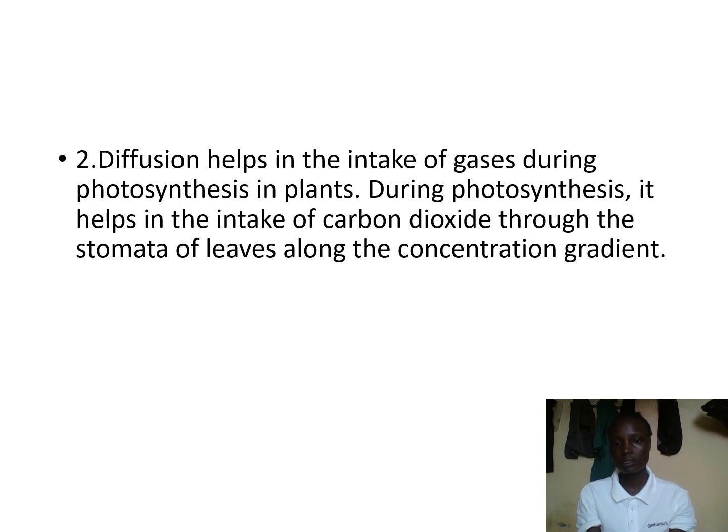In plants, it is a different case: the plants take in carbon dioxide through the stomata of the leaves along the concentration gradient. How does this occur? It occurs through diffusion, whereby the carbon dioxide from the atmosphere diffuses directly through the stomata of the leaves along its concentration gradient.